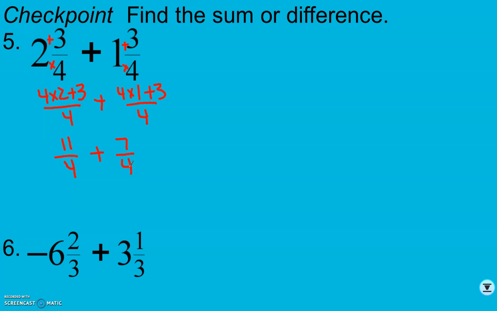So my first step, switch to improper fractions. We have a common denominator of 4 here, so I go ahead and keep it a 4. And then I can add my numerators. This is going to give me 18 over 4. Check to see if it reduces.